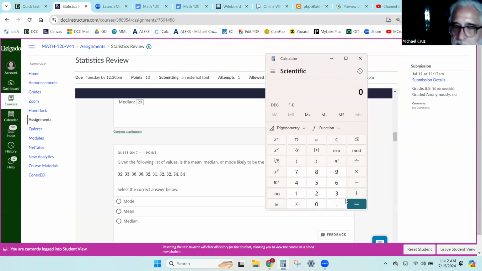So I think it's the mean, but let's double check it. And that's 1, 2, 3, 4, 5. Divide by 10. So the mean is 33.2.